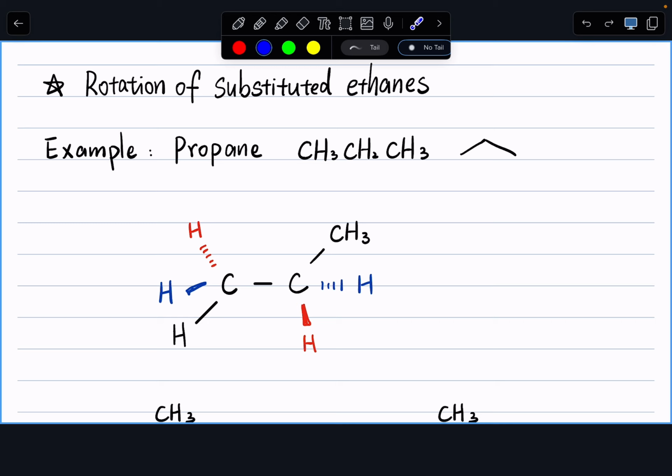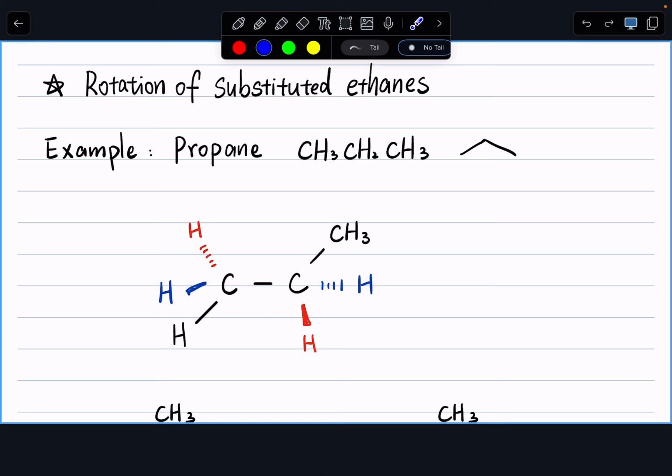So now what we have, looking at propane, when we draw it out in my wedge and dash conformation, you have your methyl group, carbon, carbon, and hydrogen, defining my plane.